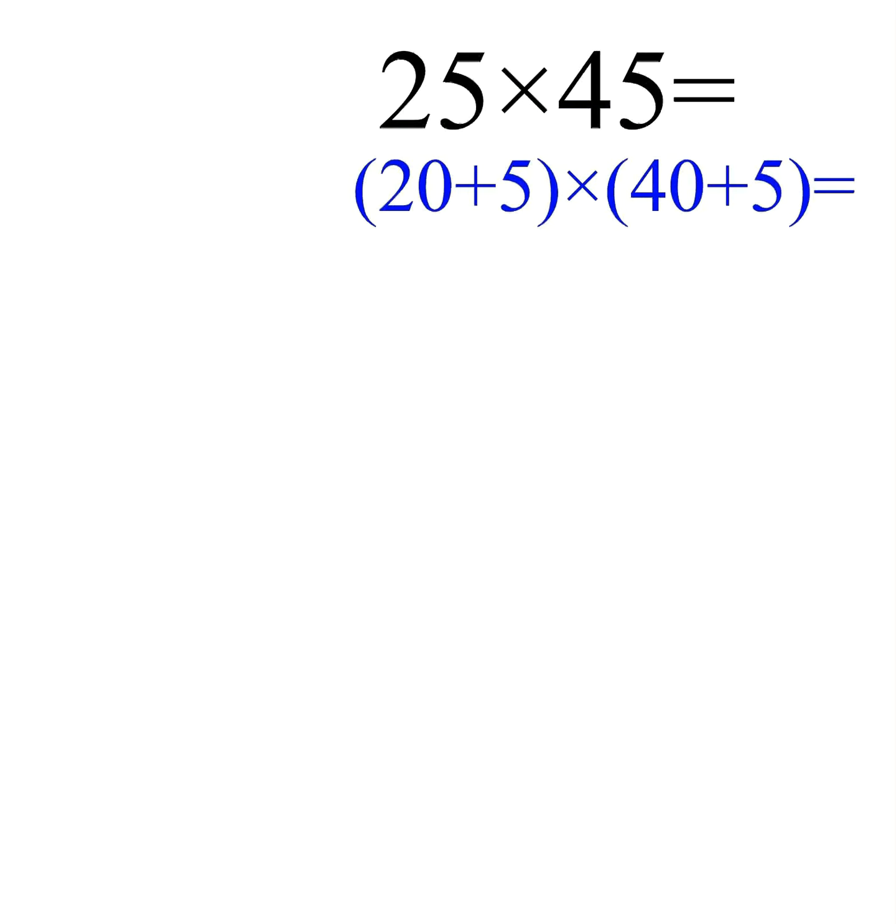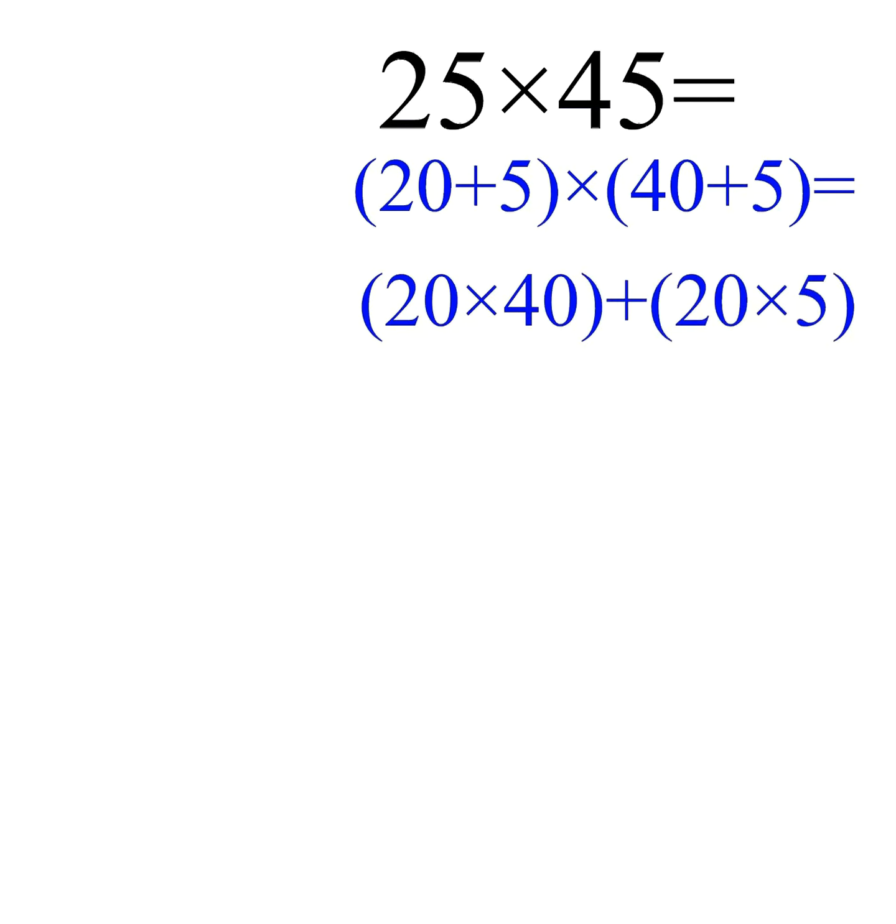Now, if we use the distributive property for a couple of times, we could write it as 20 times 40 plus 20 times 5 plus 40 times 5 plus 5 times 5, which is 25.